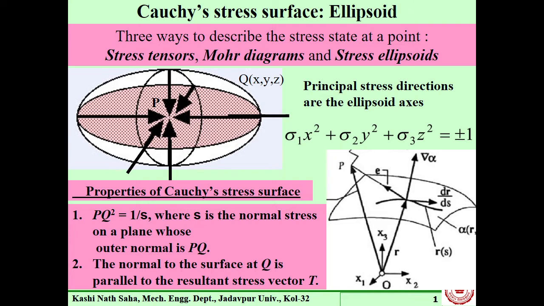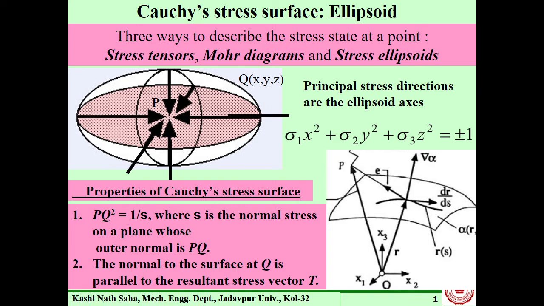Now look once again. This PQ line has a particular direction cosine. Now if it is a sphere, for a spherical surface this PQ line is the same as the outer normal at point Q on the surface. Yes.